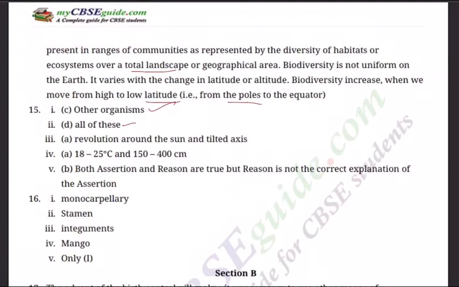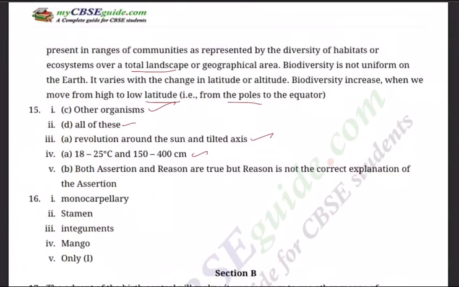Third: seasonal variations on earth occur due to its revolution around the sun and tilted axis. Third one is A. Fourth: formation of tropical forests needs mean annual temperature and mean annual precipitation. That is again answer A, 18 to 25 degrees centigrade and 150 to 400 centimeters.